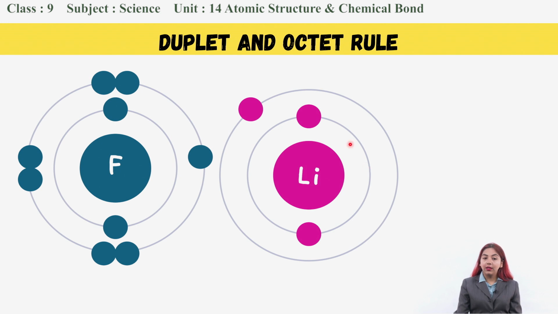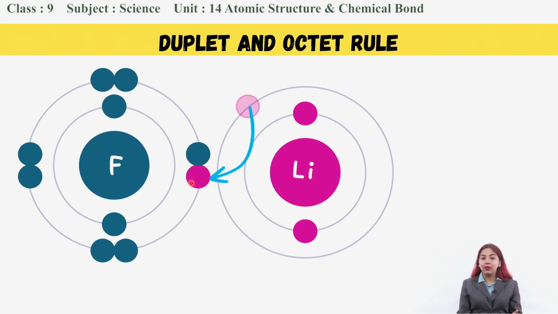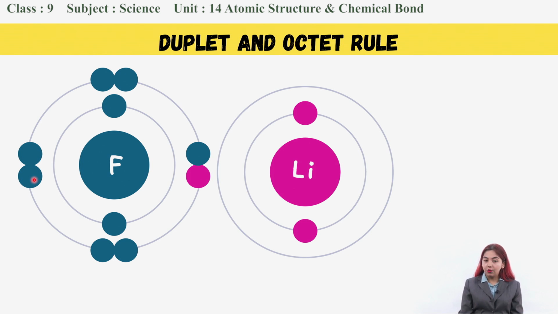And for fluorine to reach the stable octet state, it should gain 1 electron in its outermost orbit. So the lithium atom donates 1 electron to the fluorine atom. What happens? The fluorine now has 1, 2, 3, 4, 5, 6, 7, 8 electrons in its outermost orbit.